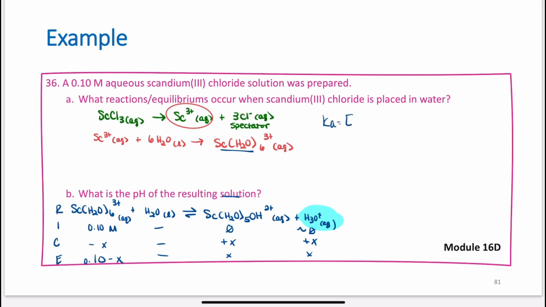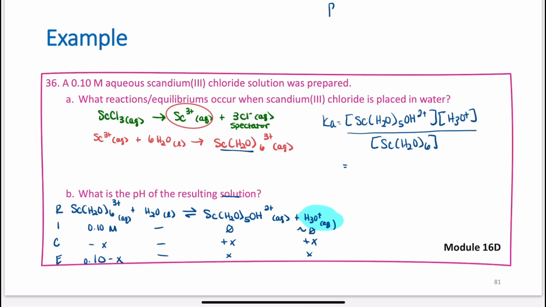Ka is equal to the concentration of that hydrated scandium ion, Sc(H2O)5OH 2+, times my H3O+ concentration, over Sc(H2O)6 3+. My Ka I'd have to give to you.